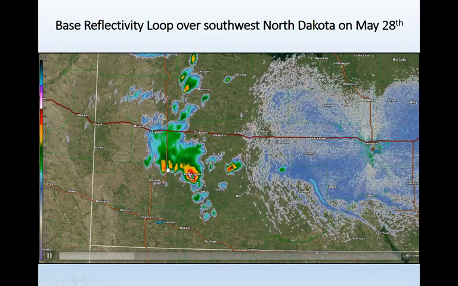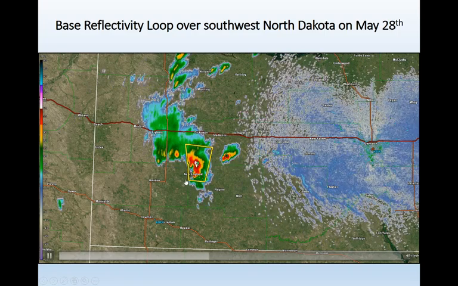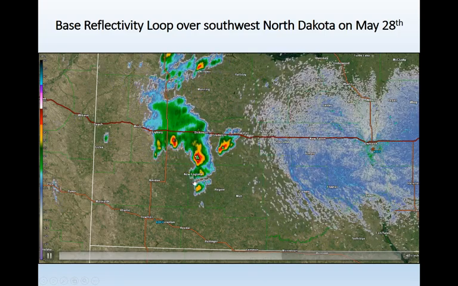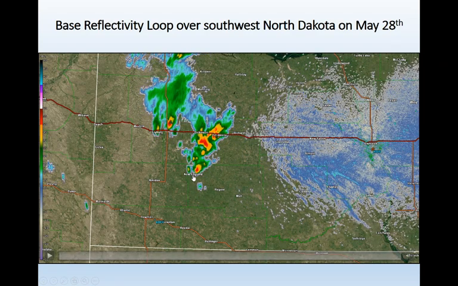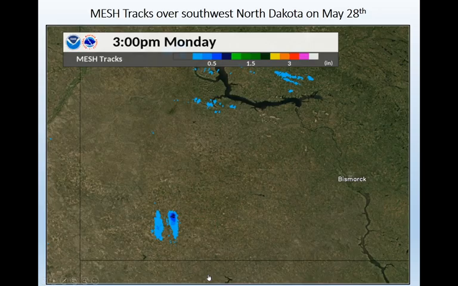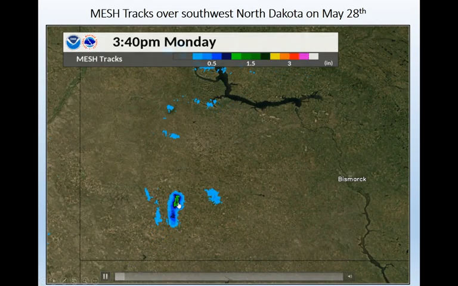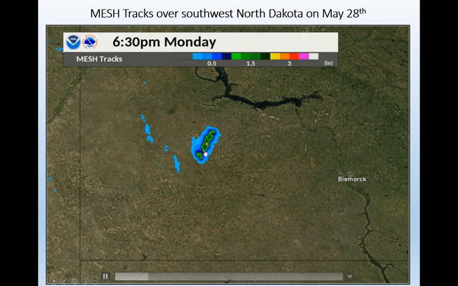So here's a radar loop on this day. Focus on this cell that moved directly over the town of New England, which was good in the sense that we were able to get a storm report out of it and get an observed hailstone. And then I was able to directly compare that to what MESH had on this day. So if you look at the MESH tracks for this storm, you'll notice that it picked up all the way to at least 1.5 inches there, drops off a bit, and then goes back up as that updraft intensifies again and the storm pulses back up.